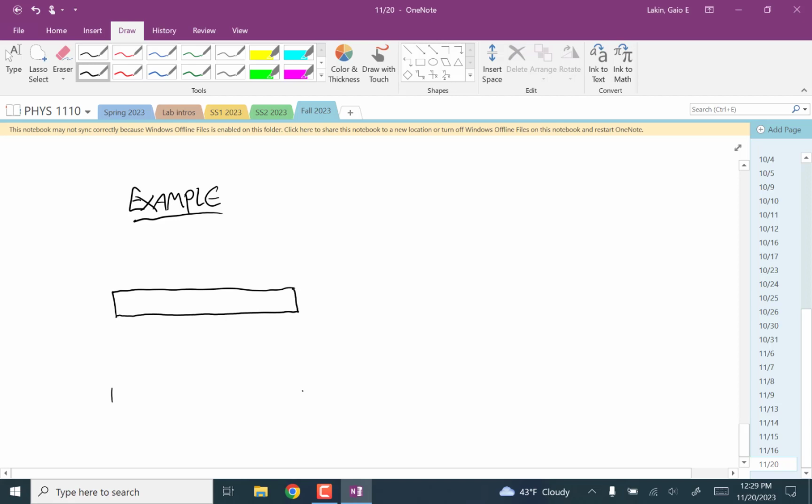So let's say that this board has a length of 1 meter. And let's say that the about point is 1/4 of a meter from the end. And let's say that this is the point P we care about.